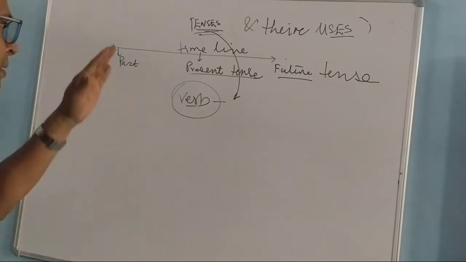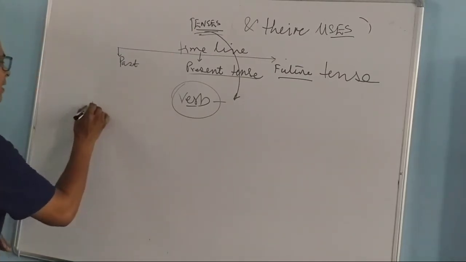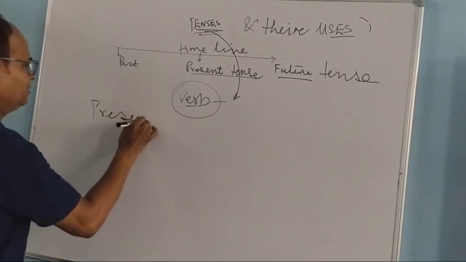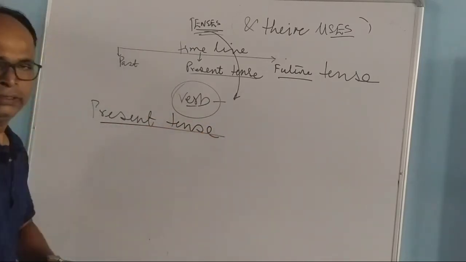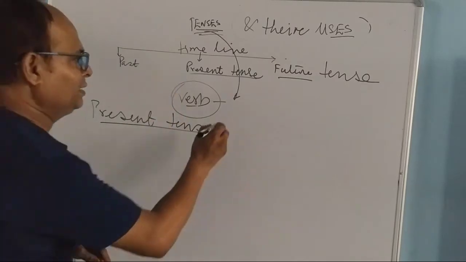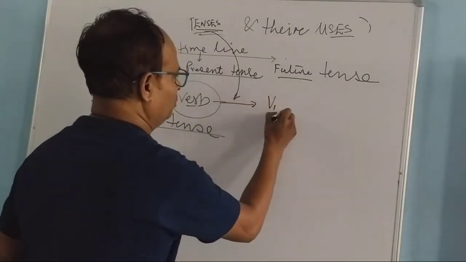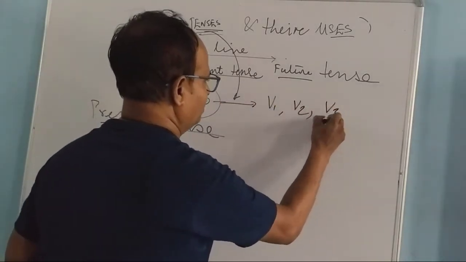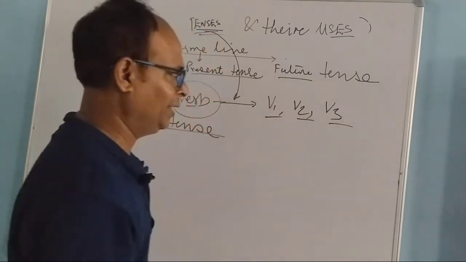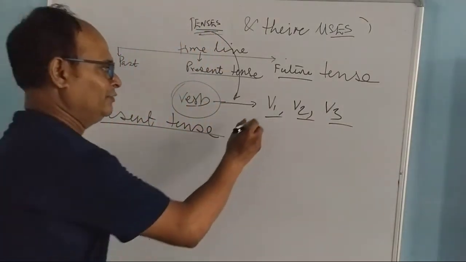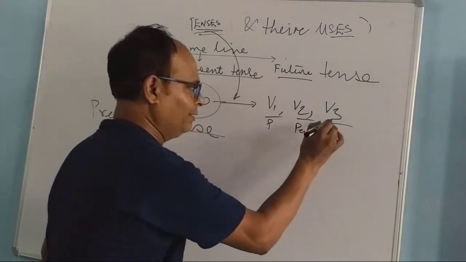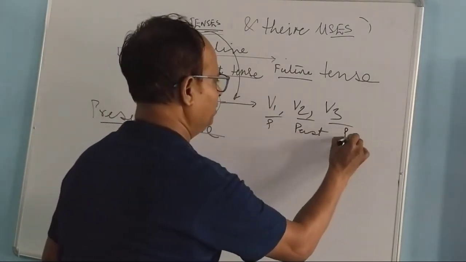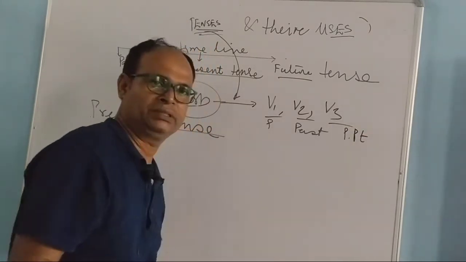Have you got it? Therefore, we will see the present tense. For tenses, you need to know these three forms of the verb: verb 1, verb 2 and verb 3. Verb 1 is the present tense, verb 2 is the past tense, and verb 3 is the PPT or past participle form of the verb.